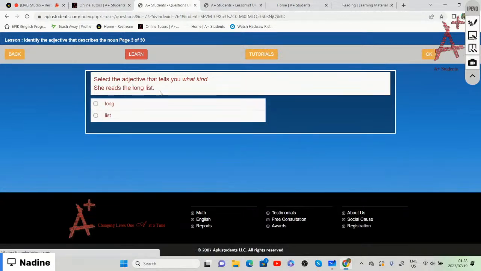It's a lovely night. She reads the long list. She reads the long list. Is long the adjective that tells us what kind, or is list the adjective that tells us what kind? We need to choose between the word long or list that describes the noun within that sentence.